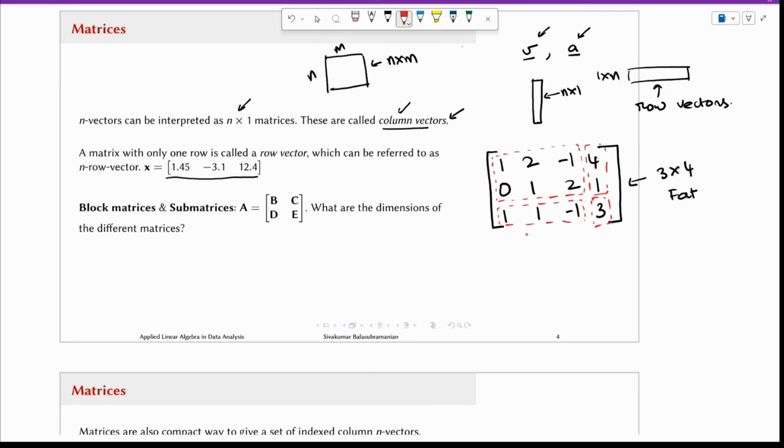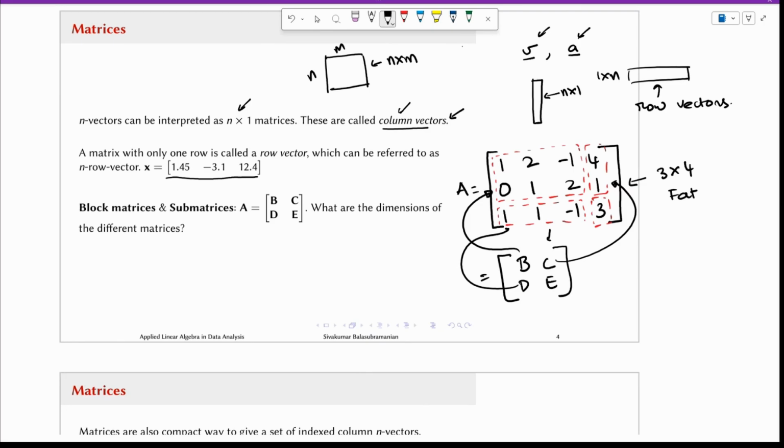So what we might do is, instead of writing A like this, we might actually write it like this. This is A. Where B represents the 2 cross 3 submatrix of A. C represents the 2 cross 1 submatrix.